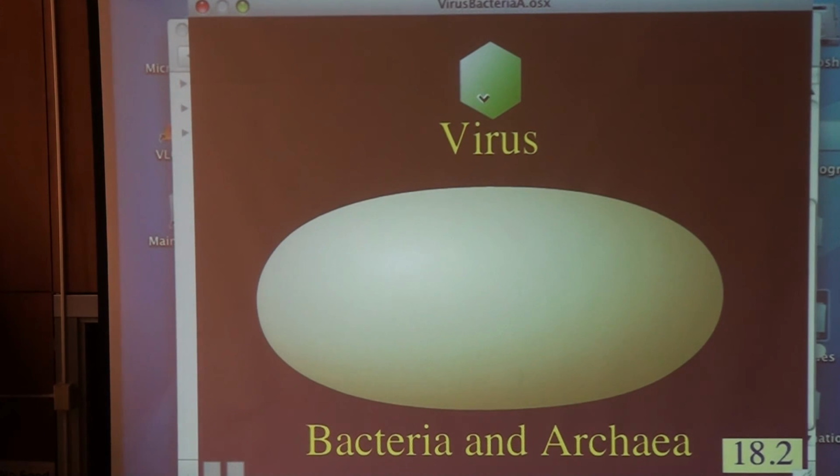But I guess I haven't talked too much about viruses at this point, so maybe before we do the prokaryotes, let's talk about viruses. As you can see from the diagram here, viruses are even smaller than prokaryotic cells. And prokaryotic cells are pretty darn small compared to our big eukaryotic cells. So viruses are pretty darn tiny.